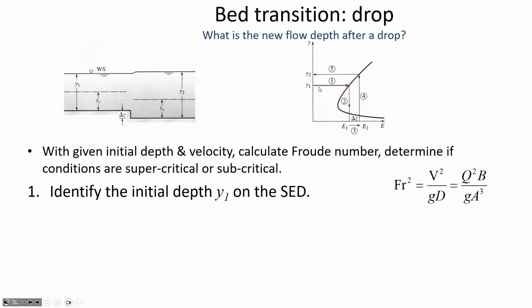So we start with the original flow depth and go over onto the specific energy diagram, find the point of intersection, so right here, and then go down. So for a certain flow depth, there's a certain amount of specific energy. And you can calculate that. Remember, E1 will just be Y1 plus Q squared divided by 2gA squared. So that's how you could numerically determine what is E1.